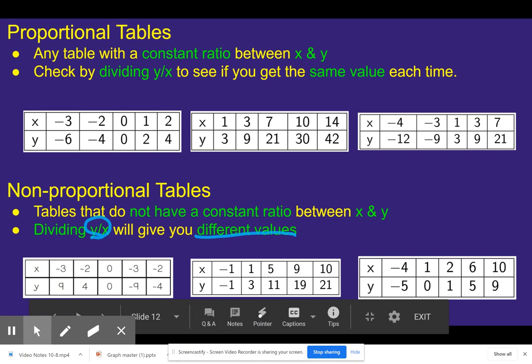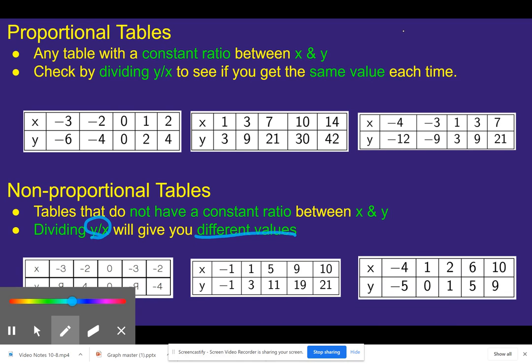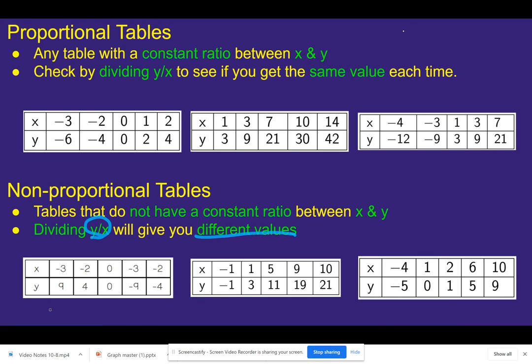What is 9 divided by -3? 9 divided by -3 would be -3. 4 divided by -2 is -2. Right away, this is not equal, right? If you get different values, then you're dealing with a non-proportional table.